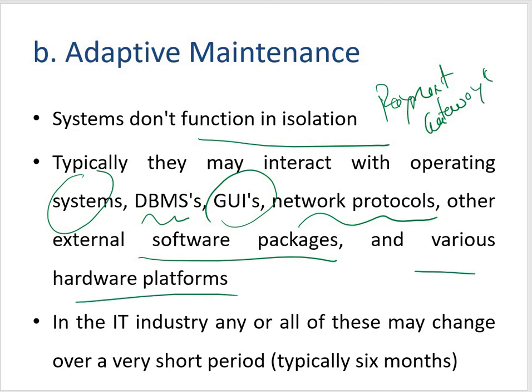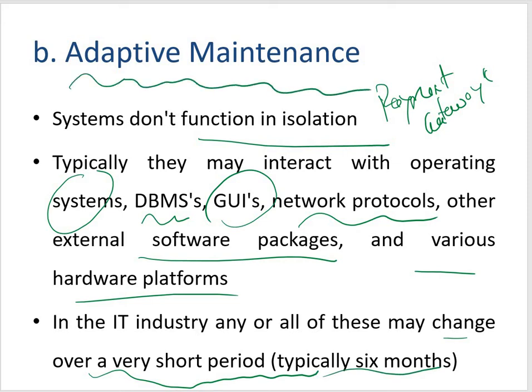So in the IT industry, any or all of these may change over a very short period, typically 6 months, right? So that's why we keep on going for adaptive maintenance in order to let the product adapt to this changing environment or the external agents. External agents means external software agents here I'm referring to.